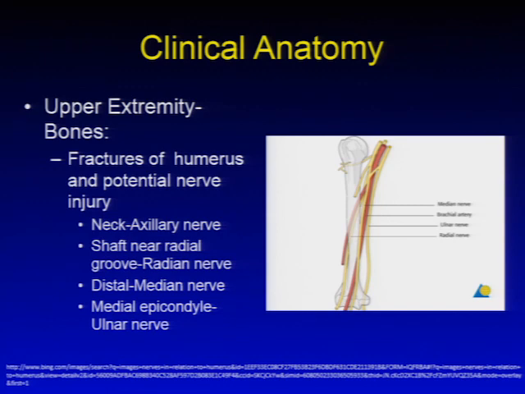Fractures of the shaft near the radial groove may lead to injuries of the radial nerve. A fracture of the distal humerus may lead to median nerve injury, and the medial epicondyle fracture may be associated with ulnar nerve injury. Patients with fractures of the humerus should be evaluated for neurologic deficits, and these deficits should be documented prior to implementing any regional anesthetic techniques.